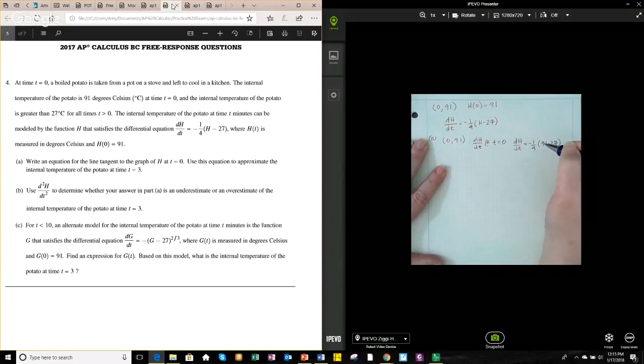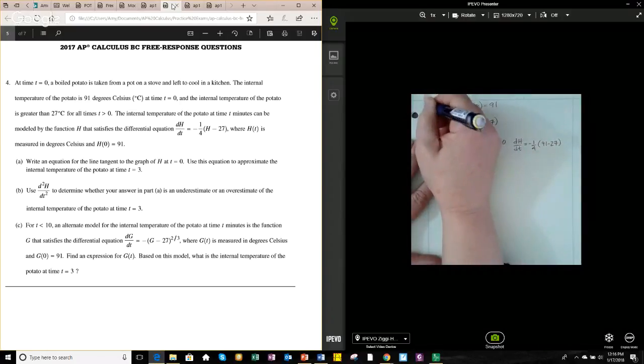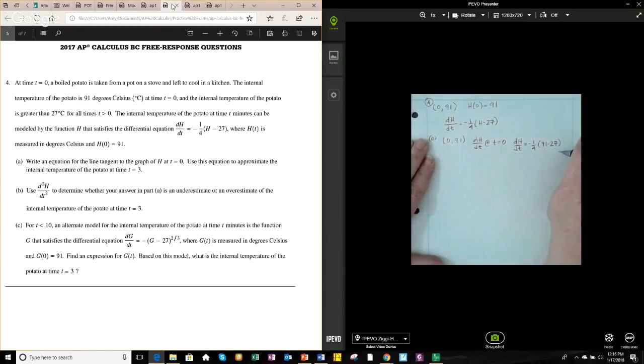Now, this is question number 4 on the BC exam, which means there is no calculator. So we have to do this in our head. So 91 minus 27, 8 carry the 1. This is 4. This is 64. Sorry, I have to do that sometimes. Negative 1/4 times 64, which is equal to negative 16. So that's the slope.